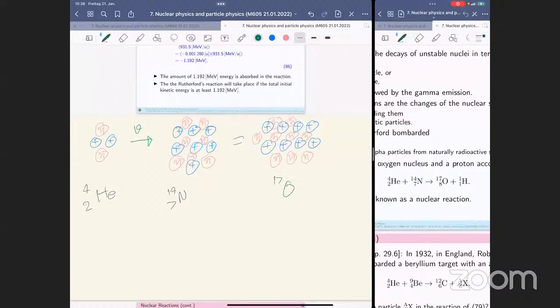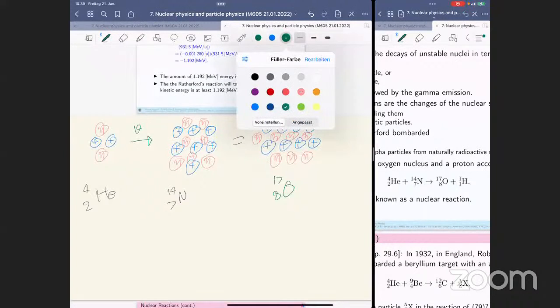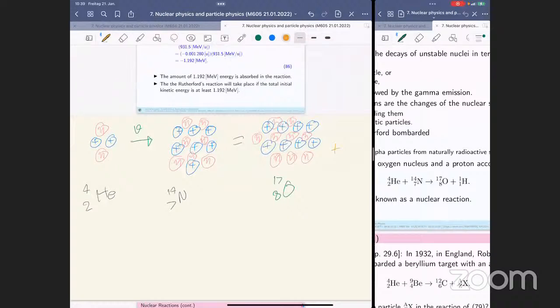Oxygen-17, 8, because we have 8 protons and the number of neutrons is 9, right? And we have another one, which is the proton, a single proton.